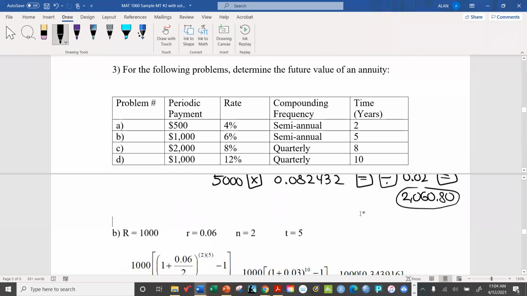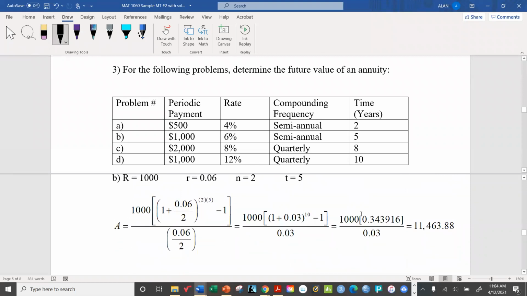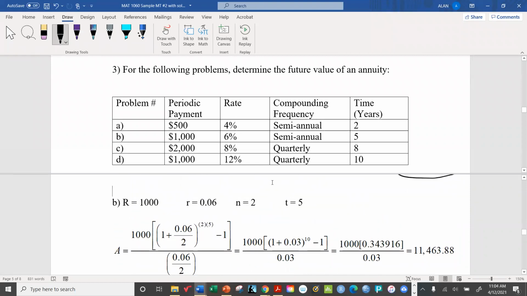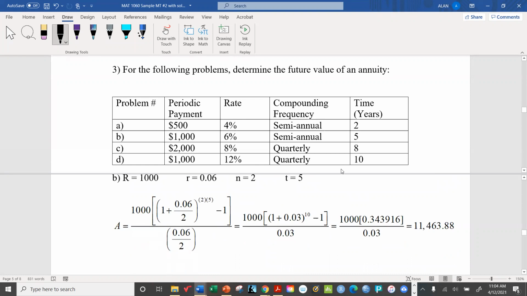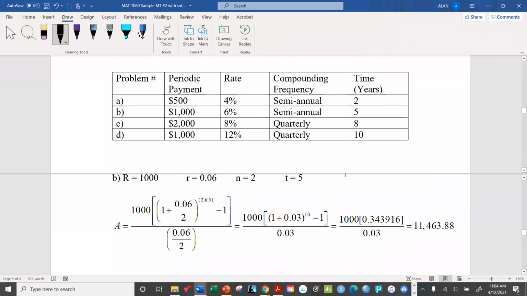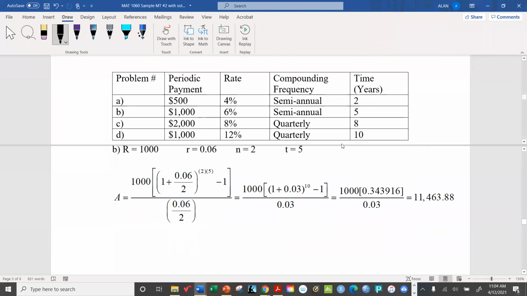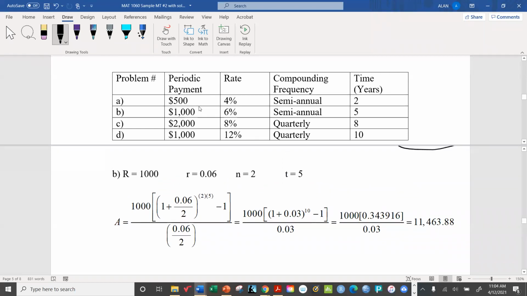All right, now for this one, what do we have? We're told that R is 1,000, the periodic payment is 1,000, the interest rate is 6%, it's semi-annual compounding, and it's a 5-year investment.